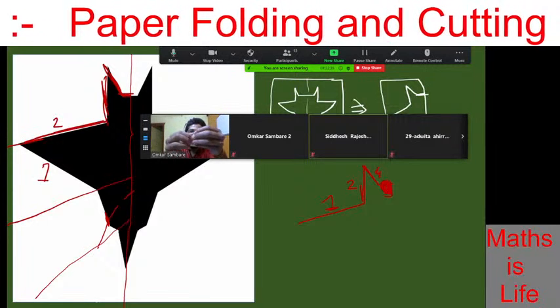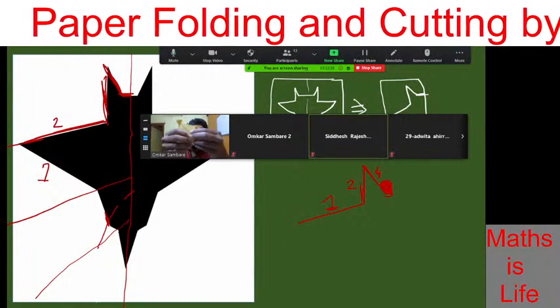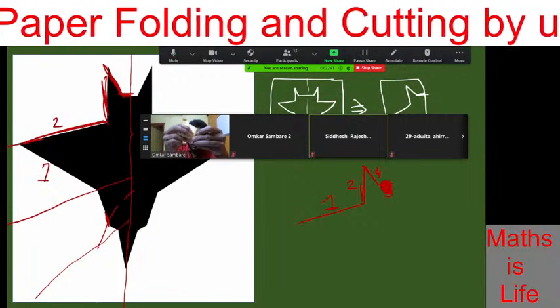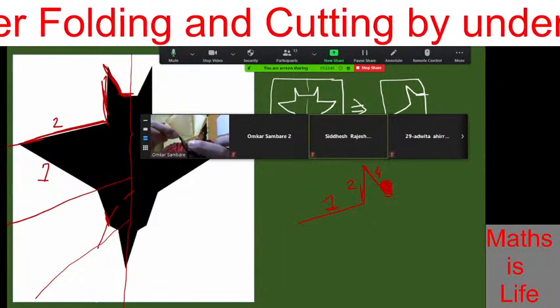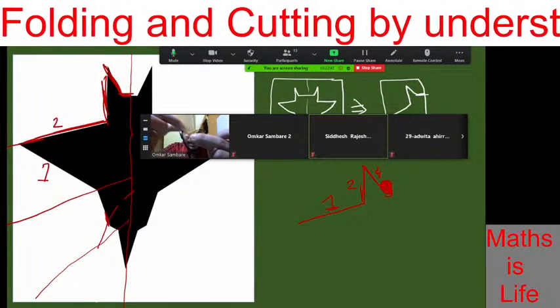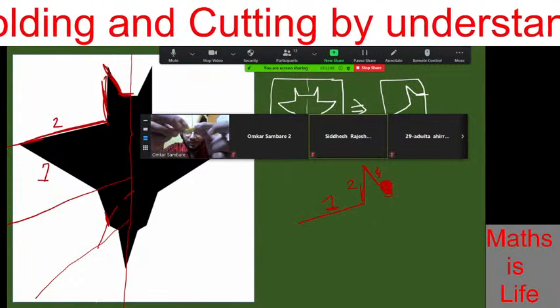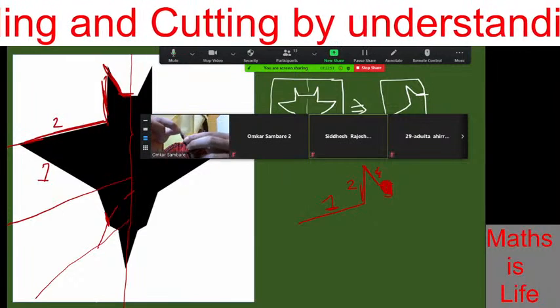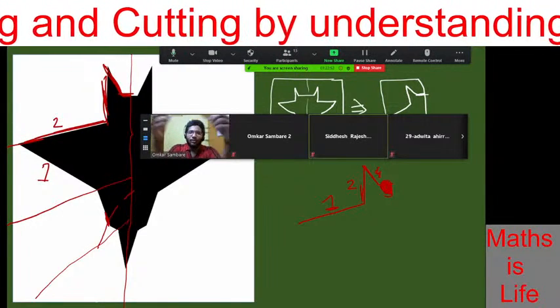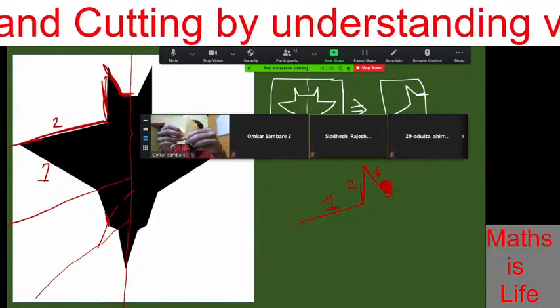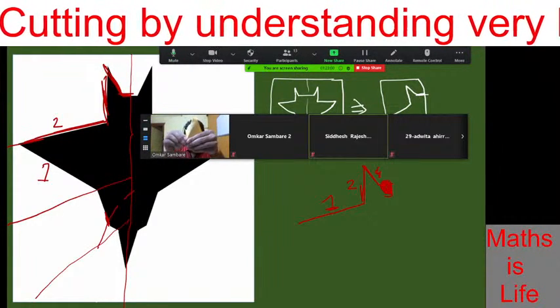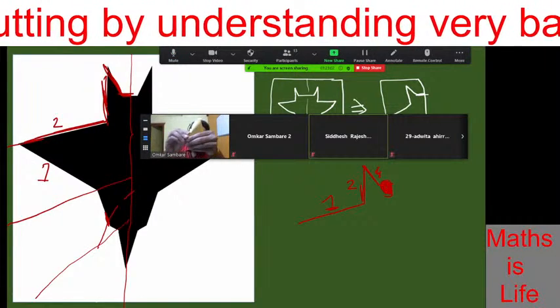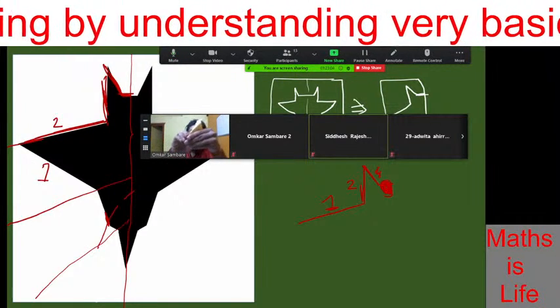Okay, after folding that, the shape will look like this. Is it visible? Yes, the V shape, you can see there is only one angle now which we have to cut out. Now we know if we have an angle, we can fold it and just get one line. So fold along that line and you will get only one straight line which you have to cut out.